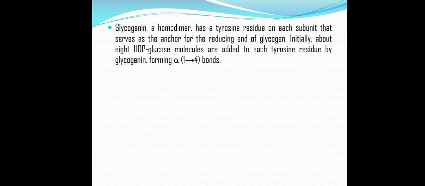Now this glycogenin enzyme is a homodimer, and it possesses a tyrosine residue on each of its subunits. As it is a homodimer, it means it is made up of two subunits of the same type. On each of these subunits there is the presence of a tyrosine residue which serves as an anchor for the reducing end of glycogen.